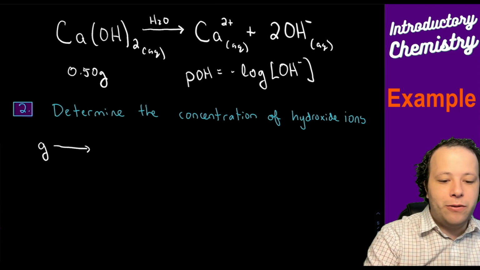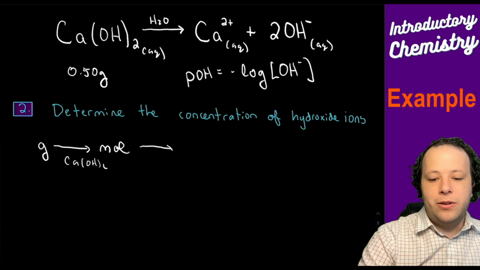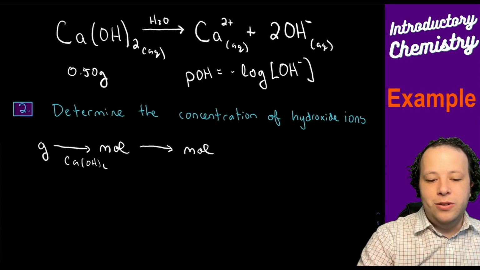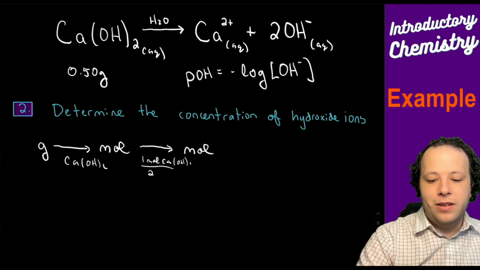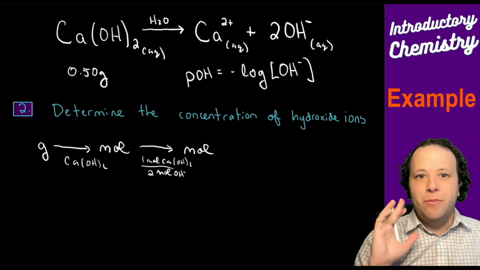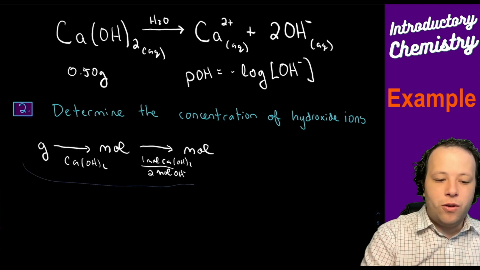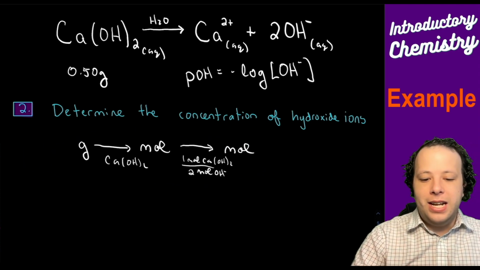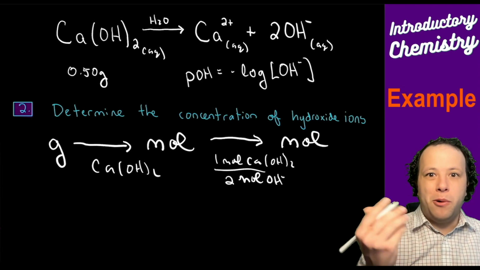We go from grams to moles for calcium hydroxide, and then we go to moles again using that 1 mole of calcium hydroxide is equivalent to 2 moles of hydroxide. Okay, so map out your process. It makes it a little bit easier when you're trying to figure out exactly what it is that you are trying to work on in your problem.